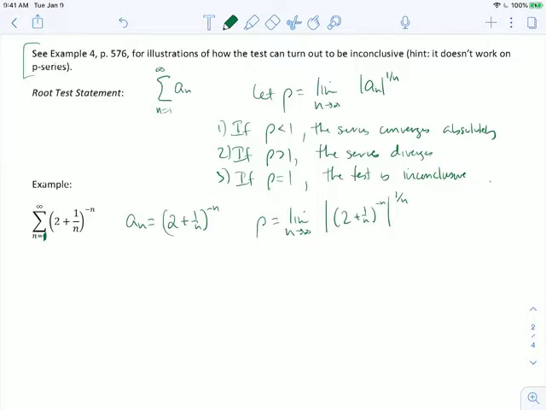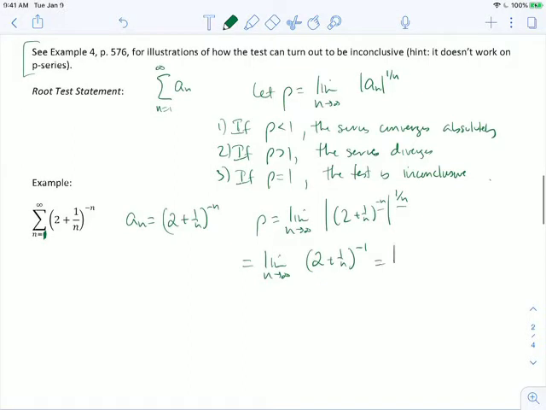Again, the whole point of using the root test is often to work in situations where I can multiply these exponents and simplify things really nicely. So here I've got something raised to the minus nth power, subsequently raised to the 1 over nth power. And so I get the limit as n goes to infinity of 2 plus 1 over n to the minus 1 when I multiply those exponents together.